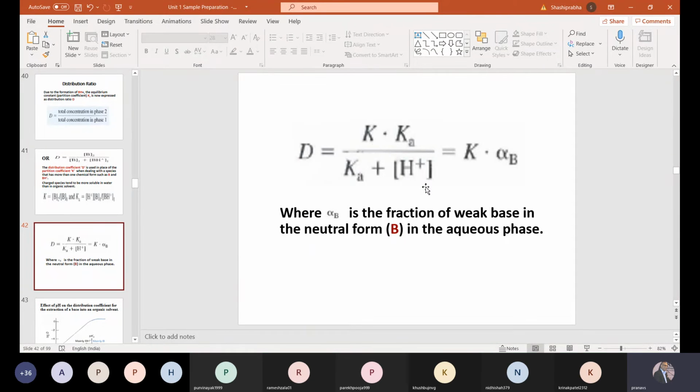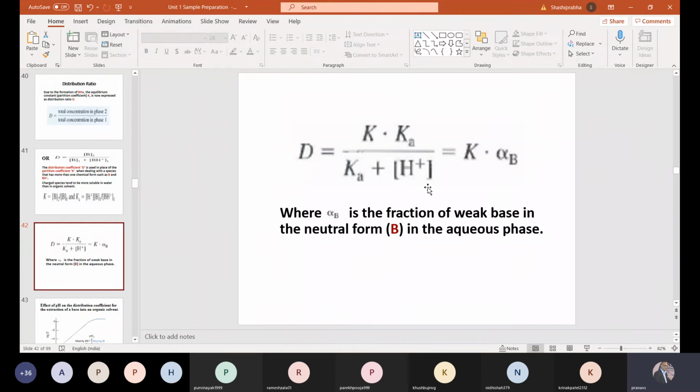That means if the solution is acidic, and you are estimating or separating a base, naturally more base will be protonated. If more base is protonated, the distribution will be less, and the D value would be less.